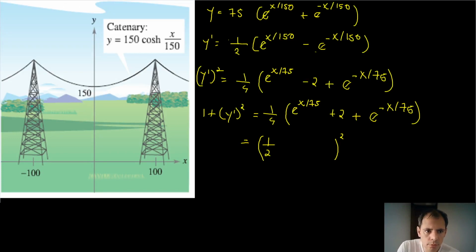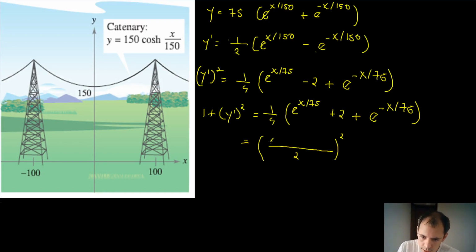You know what I'm going to do? I'm just going to erase this stuff. I'm going to put a 2 here, and because it's 1/4 multiplying everything, trust me guys, when you take this 2 here and square it, it's going to become 4 in the denominator.